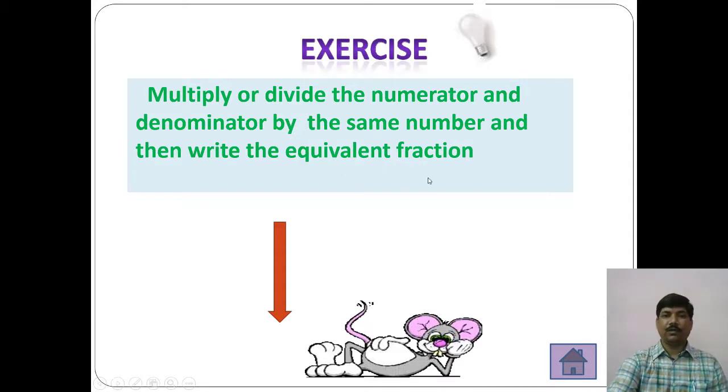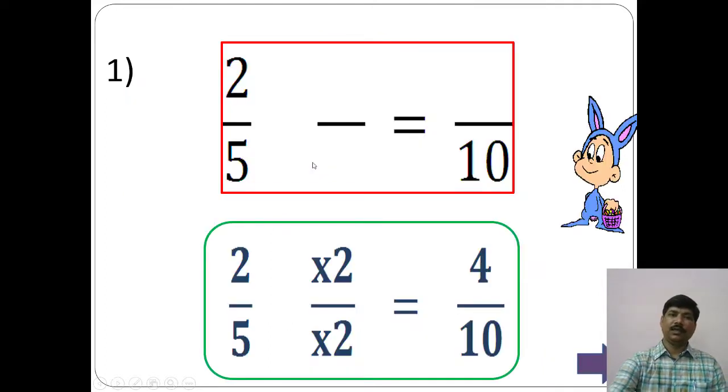In the next worksheet, you have to divide or multiply the numerator and find the equivalent fraction. In the first case, the fraction is 2 upon 5. This will be equal to blank upon 10.